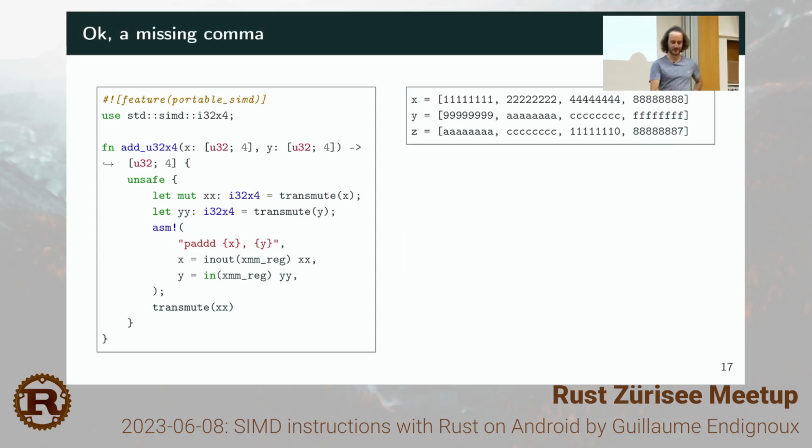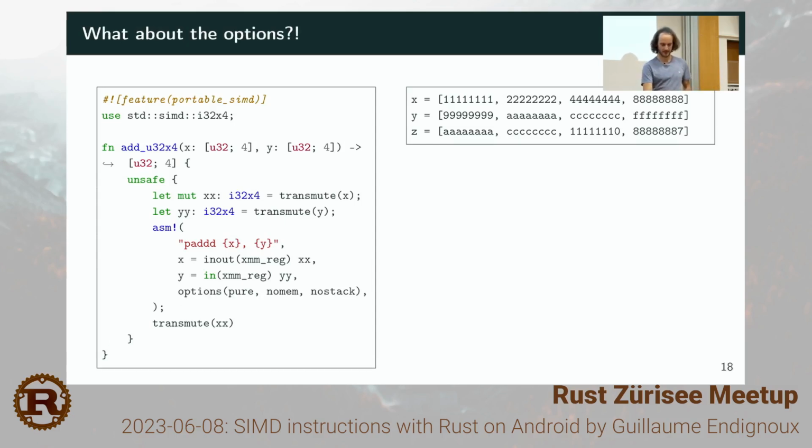And eventually, it was just a missing comma between the parameters. So you get the idea, using this raw assembly, besides being unsafe, is also quite cumbersome to use. And I also didn't mention there are these options you can add to the assembly: pure, no mem, no stack. I mean, you have to read the manual, make sure you uphold all the guarantees and things like that. So it's all very cumbersome.